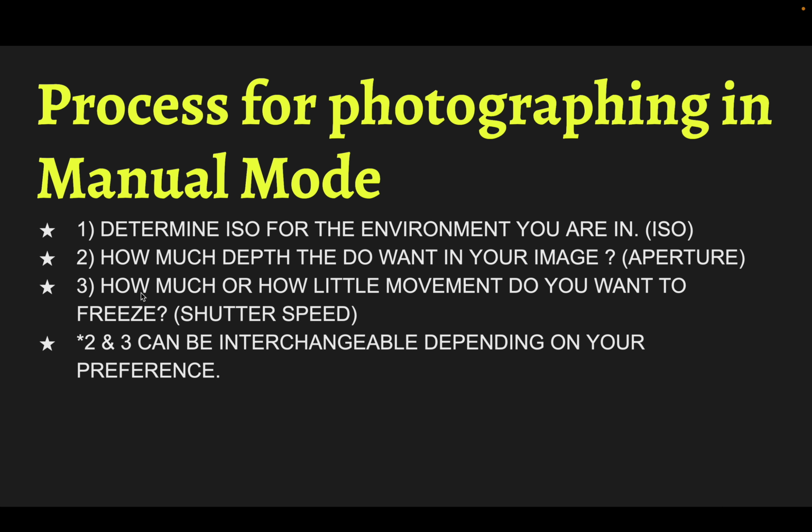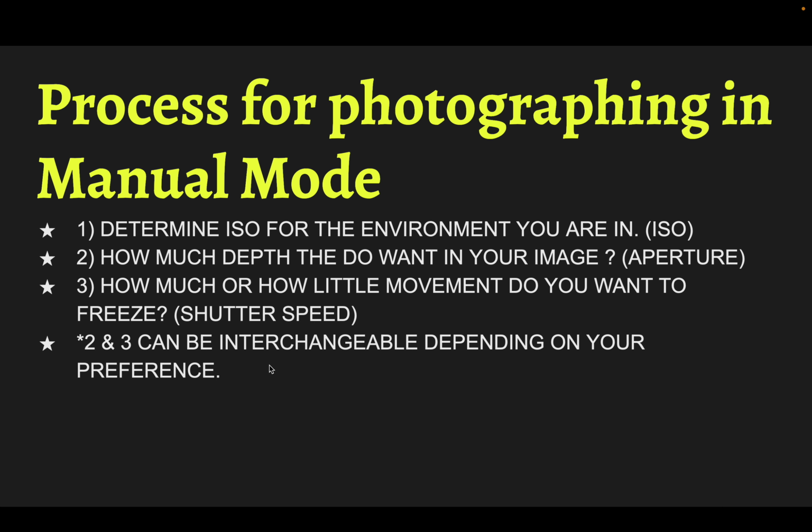So you would also want to consider how much or how little movement do you want to freeze? Thinking about shutter speed, do you want blur in your image, or do you want the image to be completely frozen? Blur would be something like a 30th of a second and under, all the way up to 1 second, or if you want to go all the way to something like a thousandth of a second or 2 thousandths of a second, that's really fast shutter speed, and you're freezing that motion.